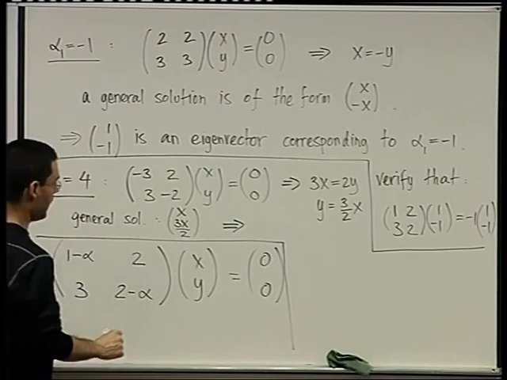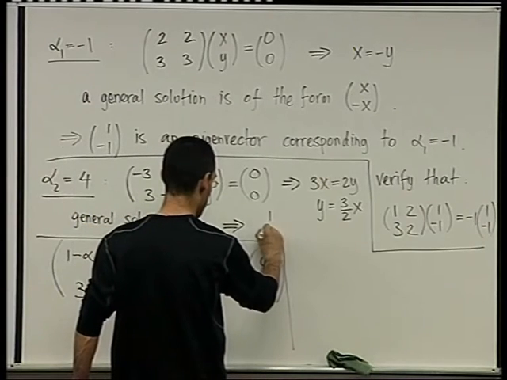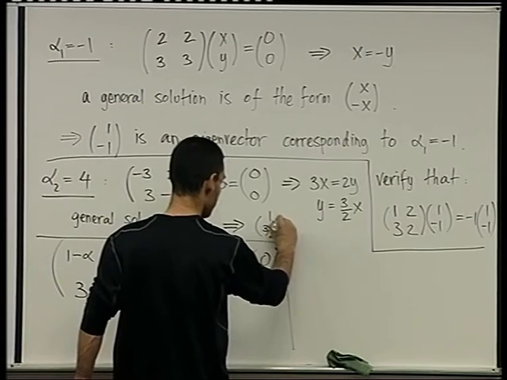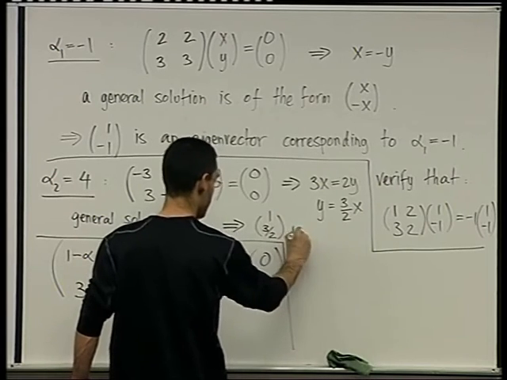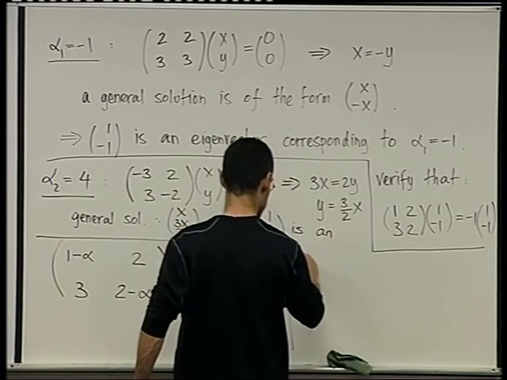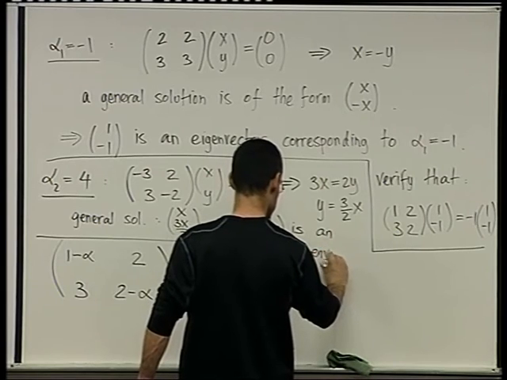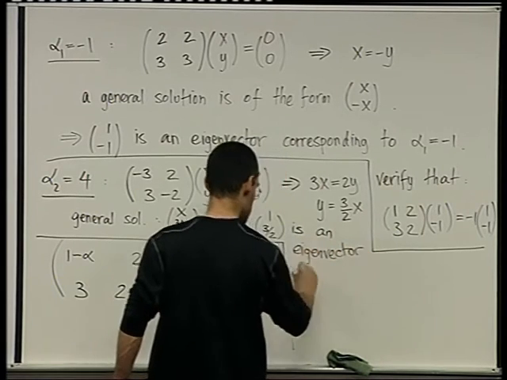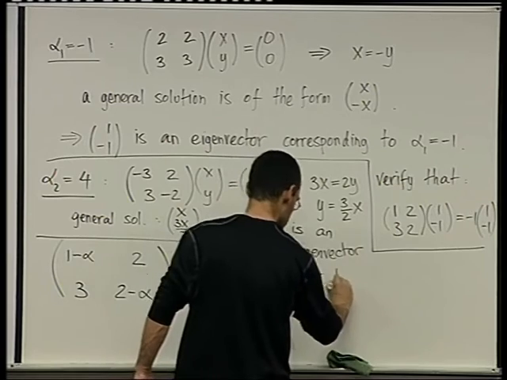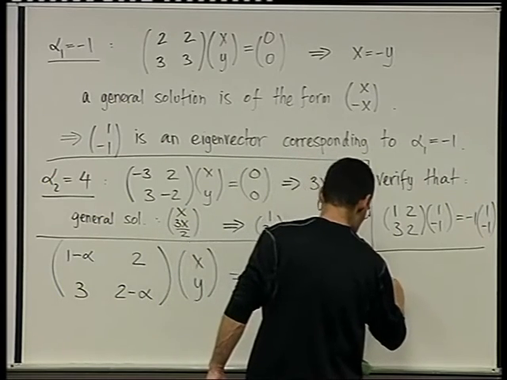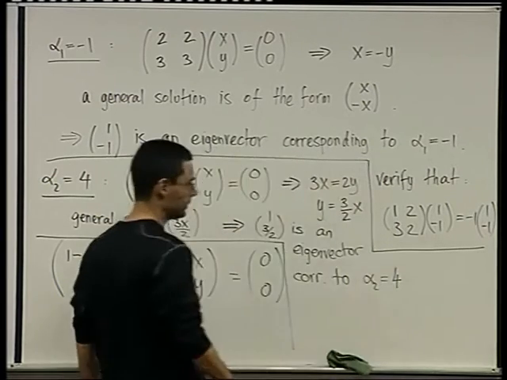Therefore, for example, 1 and 3/2 is an eigenvector corresponding to alpha 2, which was 4.